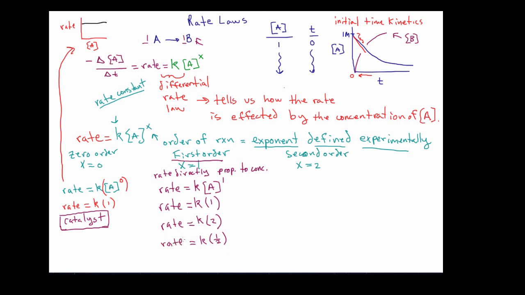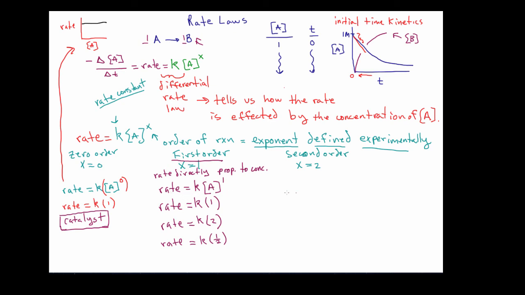The rate's going to be cut in half. So the bottom line with a first order reaction is whatever you do to the concentration, there will be a similar effect on the rate. If we double concentration, you double the rate. If we cut the concentration of the reactant in half, then you expect the rate to also be cut in half. If we triple the concentration of the reactant, then you're going to see the rate tripled.